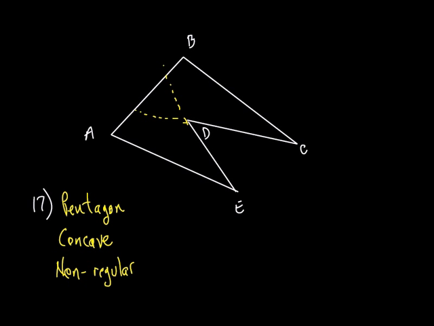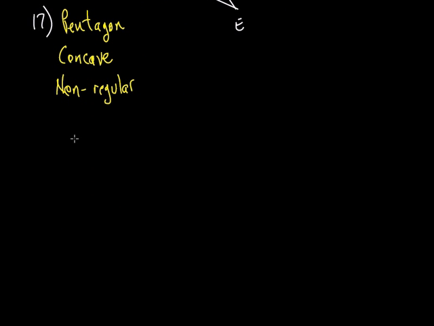Alright, look at number 18. Let's see, I think I might have, what's that, 6 sides? 1, 2, 3, 4, 5, 6. That's a 6-sided polygon.